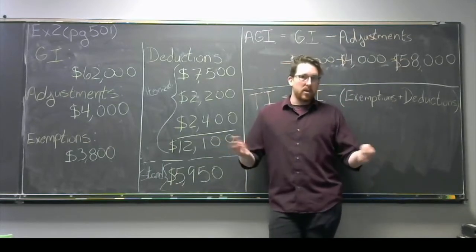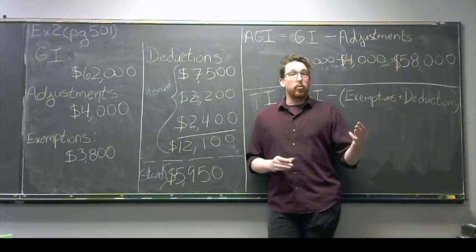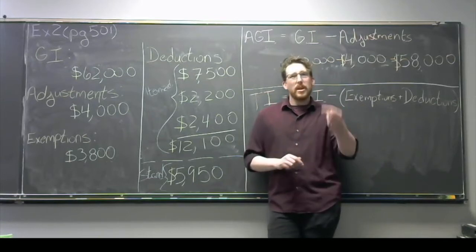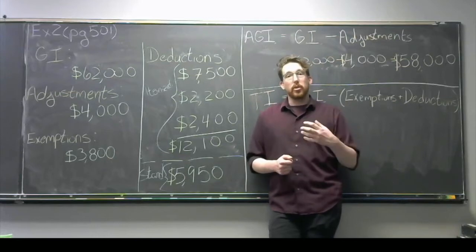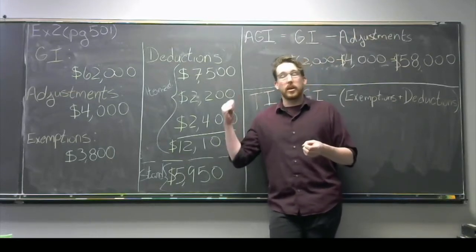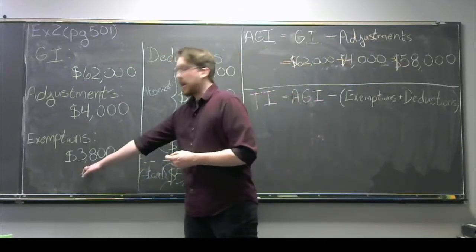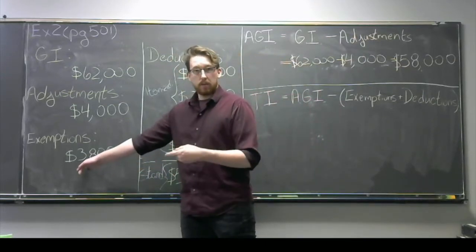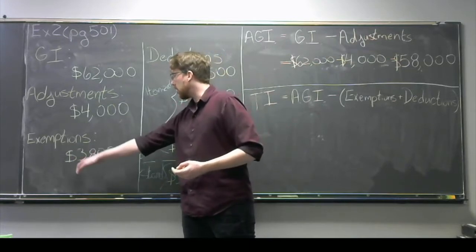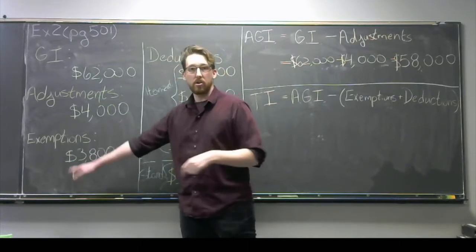So, let's say you have two dependents. There's 3 people now, right? You and your 2 dependents. For each one of them, you can pull this fixed quantity from your adjusted gross income. And we call that an exemption. In this woman's case, she has only herself to worry about, so her exemptions are just $3,800.